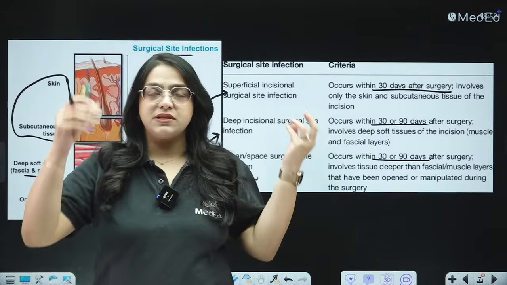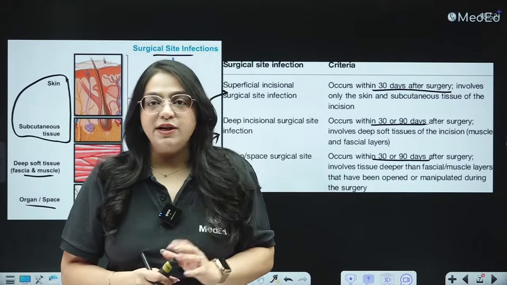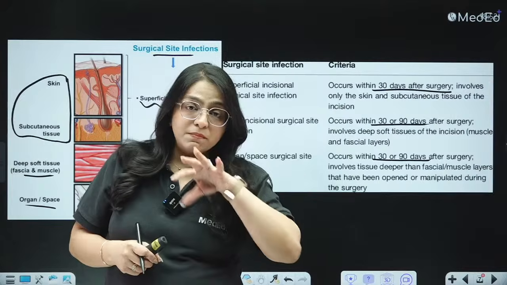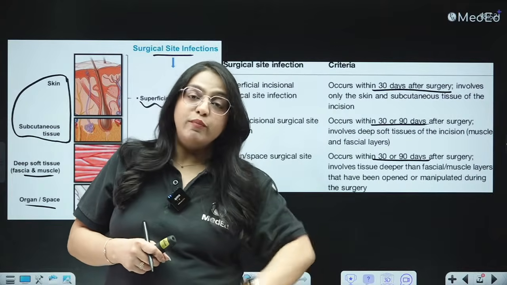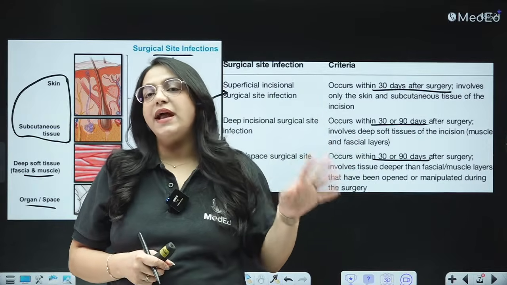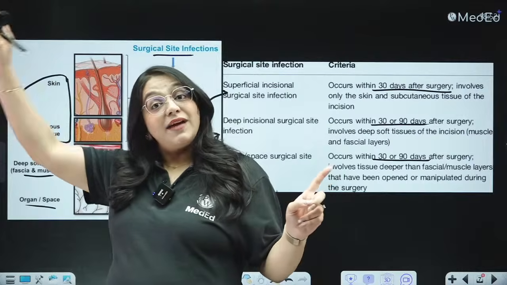It means that some infection has happened which has just coincided with the site of surgery. If the infection happens at the muscle, organ or bone level, then up to 90 days after surgery, it will still be implicated to the event of the surgery.